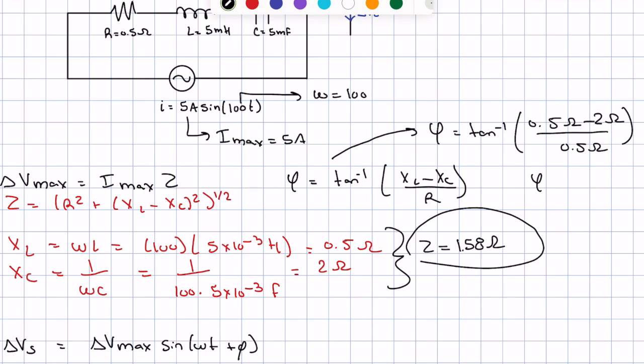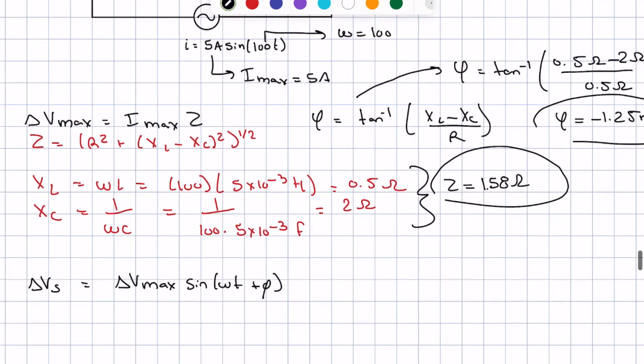And then phi is equal to negative 1.25 rad. Okay, so you have phi, you have Z. You can then write delta V max is equal to I max, which is 5 amps, times 1.58 ohms. And then phi is negative 1.25 rad, and omega is 100.